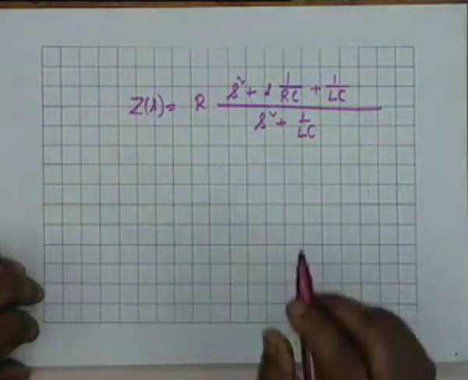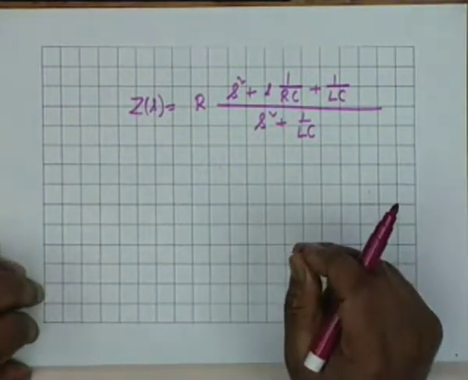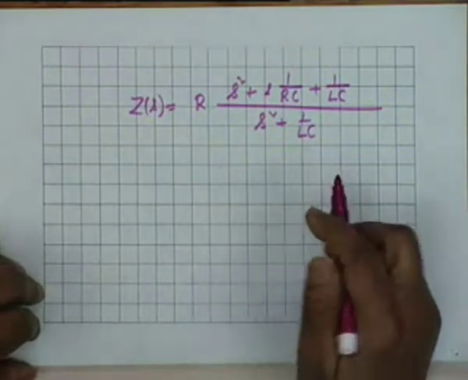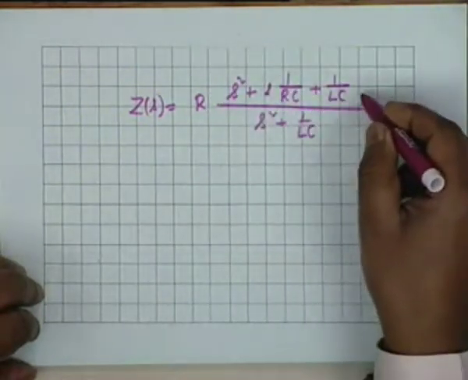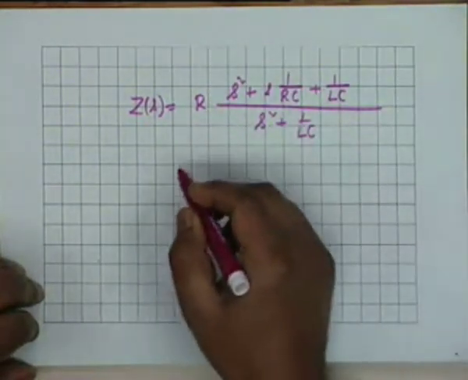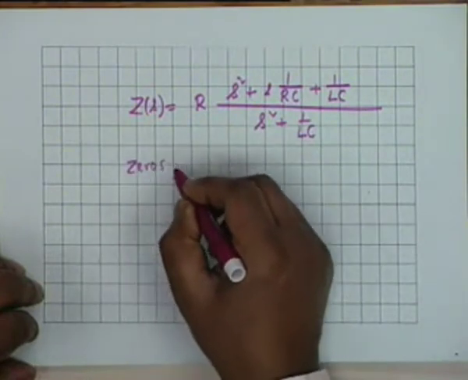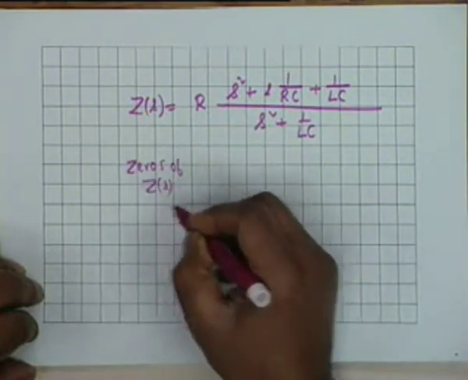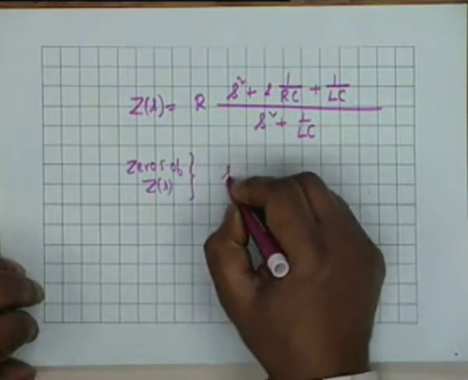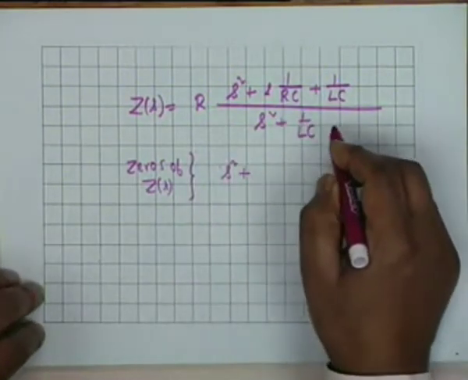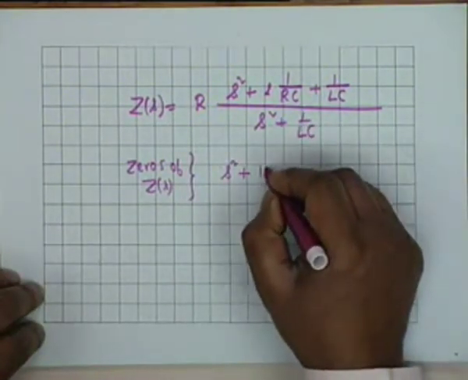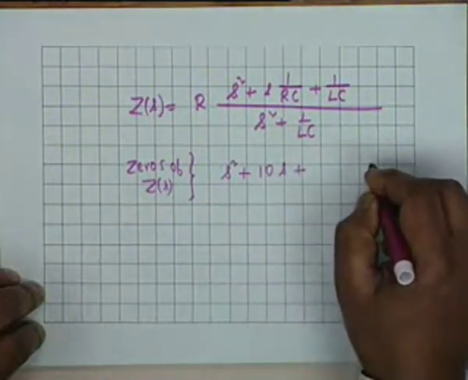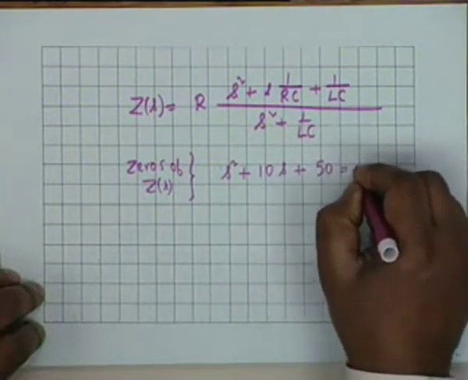And what I have to find now, since we are trying to find the natural current response, is to concentrate on the zeros of the impedance. Now if I put in the numerical values, the zeros of Z of S satisfy S squared plus 10 S, that is S times 1 over RC, plus 50, which is 1 over LC, equal to 0.